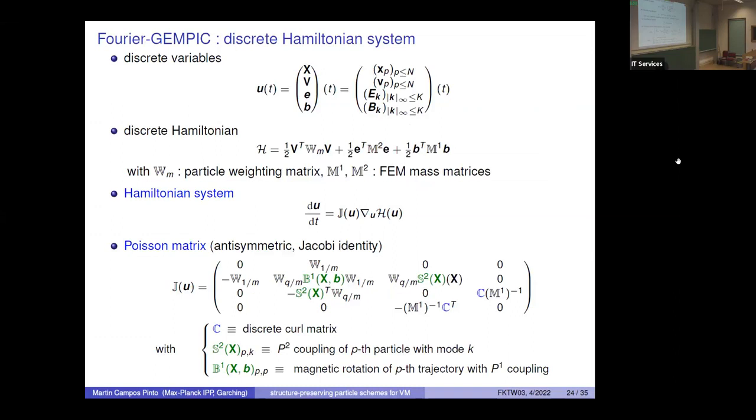So for the Vlasov-Maxwell equations here, a particularly interesting, convenient splitting is to take an electromagnetic part of the Hamiltonian, which is this one, and then split this one dimension-wise.